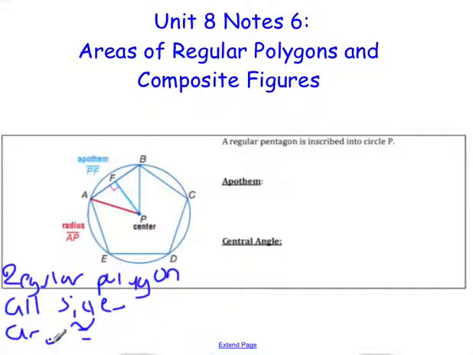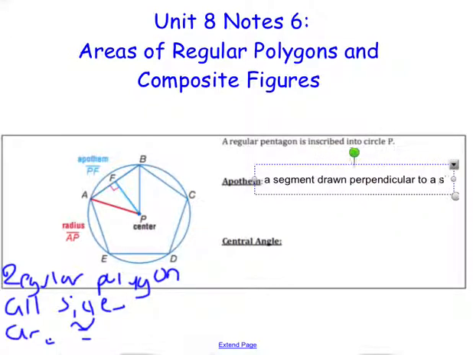Let's first start by talking about an apothem. I'm going to type this because I think that'll be prettier. So what is an apothem? An apothem is a segment drawn perpendicular to a side of a regular polygon.